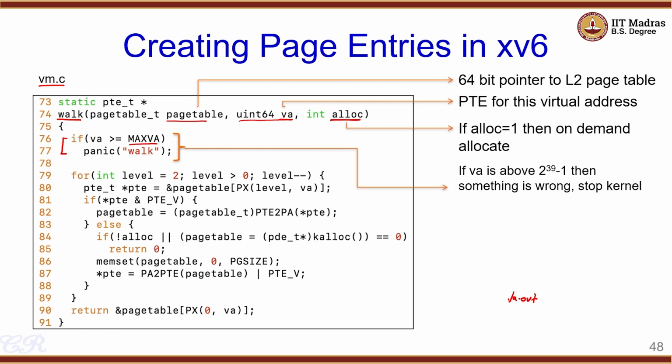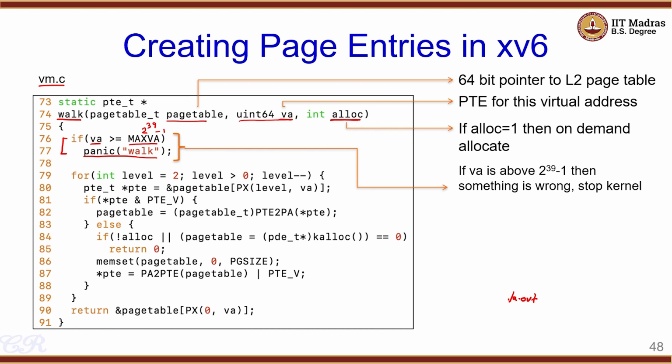So what we do over here is check whether our virtual address is valid. If VA happens to be greater than 2 power 39 minus 1, then we panic, right. Panic would terminate the operating system, saying that something is not right over here.